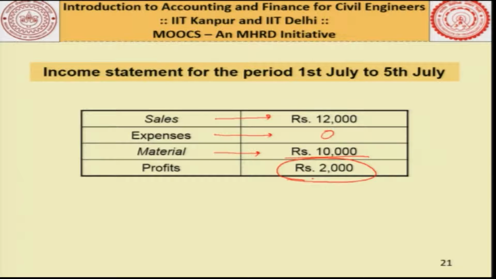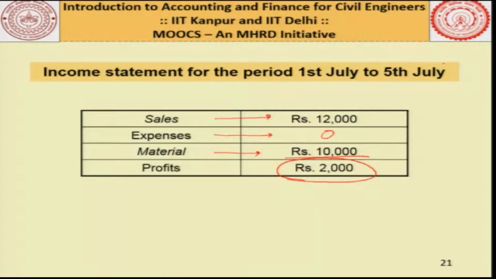So in formal manner you can show this profit and loss statement like this: how much was your sales, how much money you really incurred in procurement of those goods, and in turn how much did you make the money, right? So this is what it is. You can see very clearly I am showing it between 1st July to 5th July. When it came to balance sheet, I was giving a firm date here, 1st July, 2nd July, 3rd July. But when you talk of income statement, sometimes which is also known as profit and loss statement, you are showing the whole period.